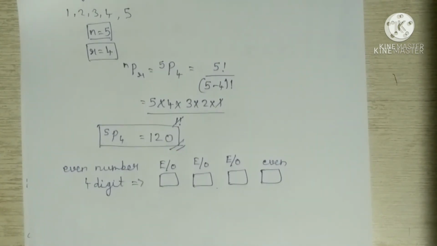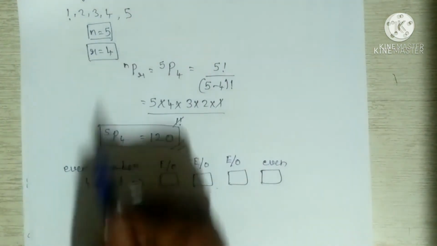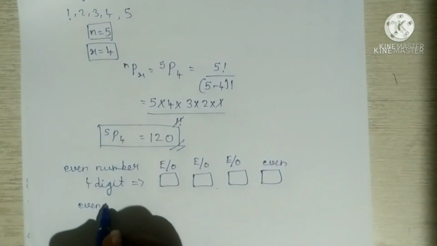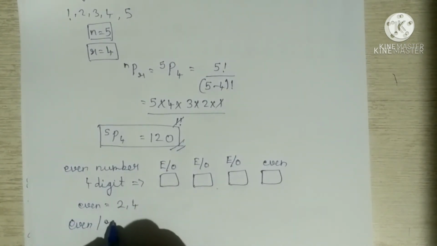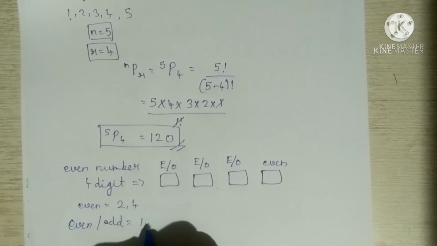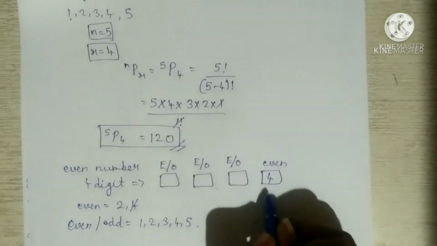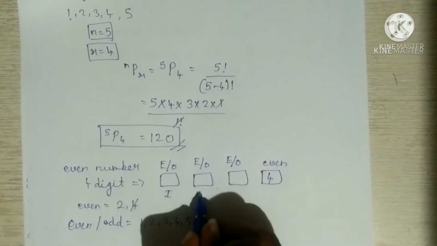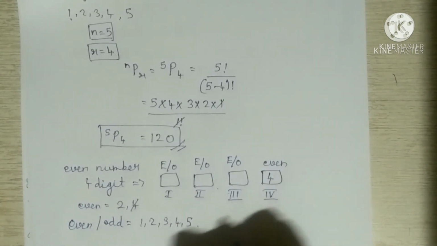Okay, given data is 1, 2, 3, 4, 5. In this, the even numbers are 2, 4. Even or odd numbers are 1, 2, 3, 4, 5. Now if we consider 4 in the fourth place, this is the first one, this is the second one, this is the third one, and this is the fourth one.